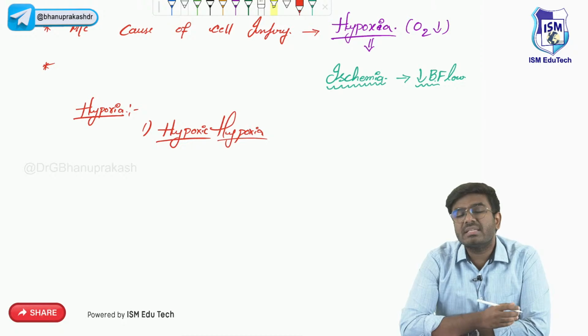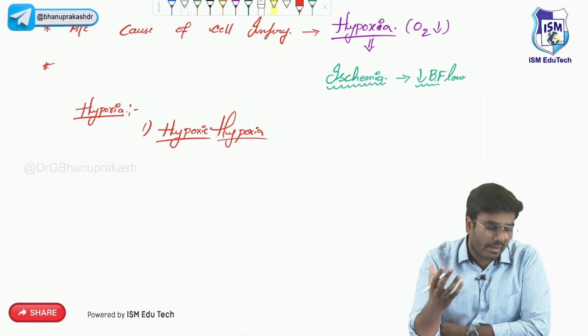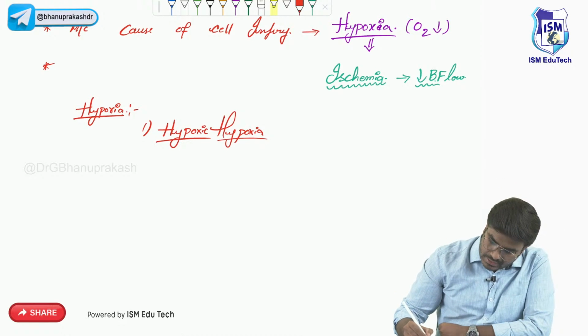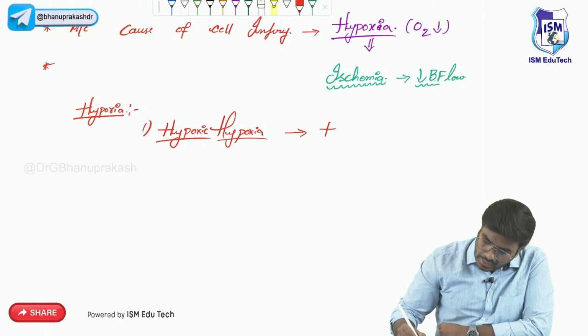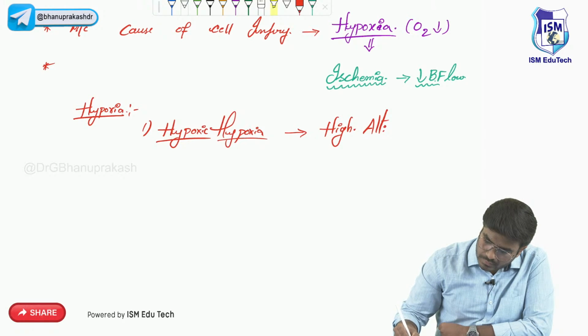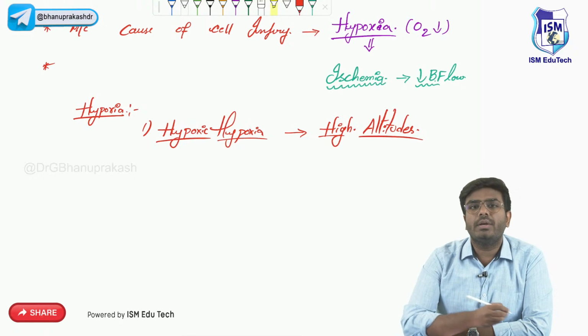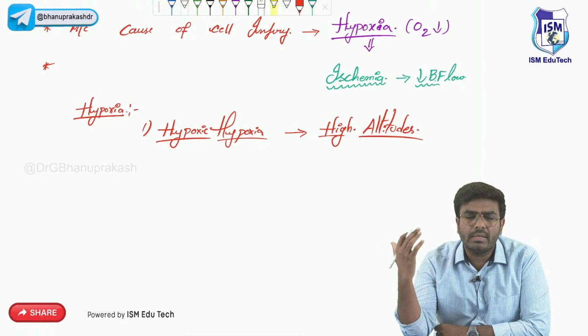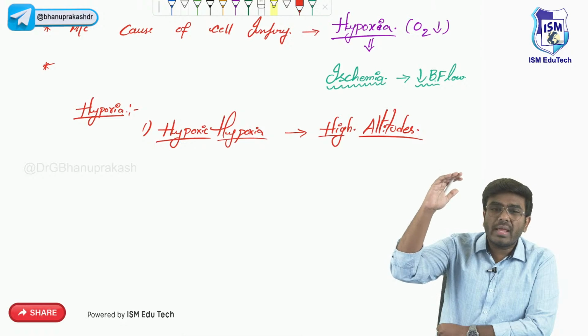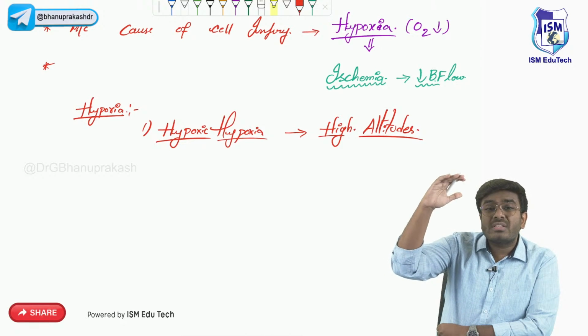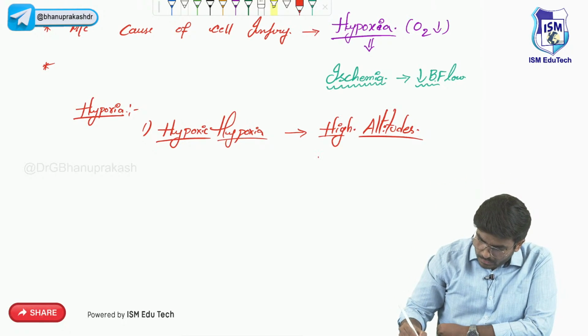In which conditions will a particular individual have hypoxic hypoxia? Say, for example, in high altitudes. Whenever you go to high altitudes, whenever you are going for mountain trekking, what happens there?